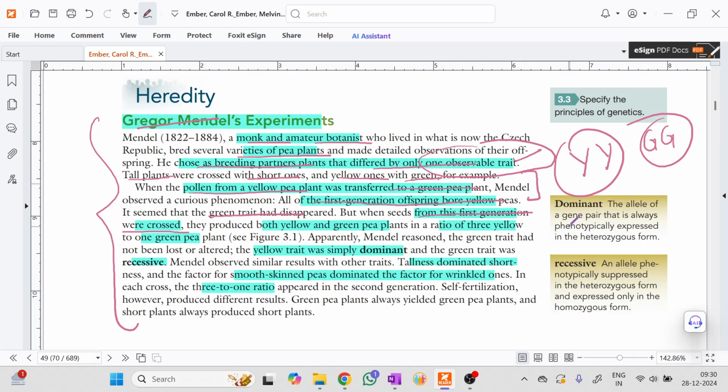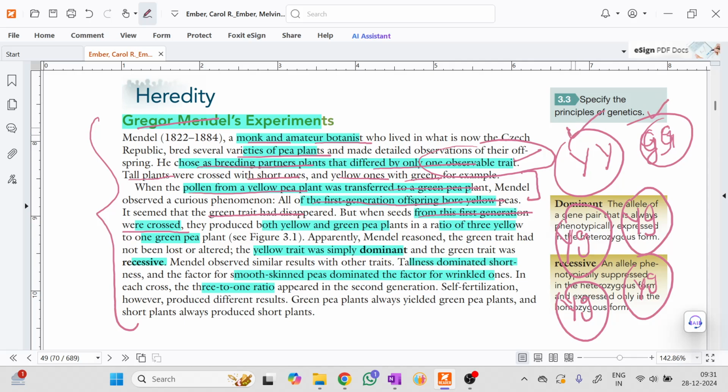So the offspring possess the variants in this way. These are homozygous. This is homozygous dominant. This is homozygous recessive.